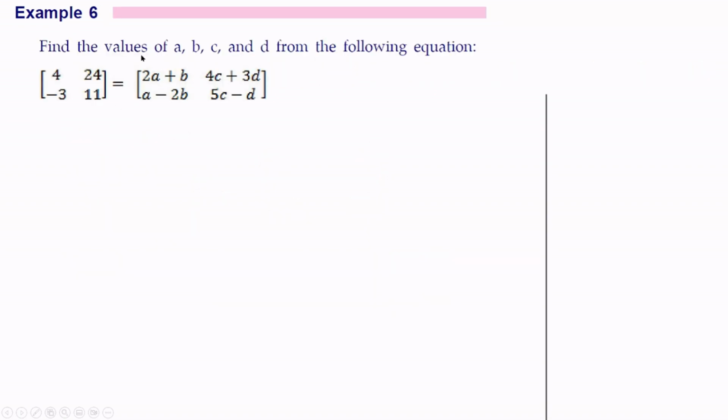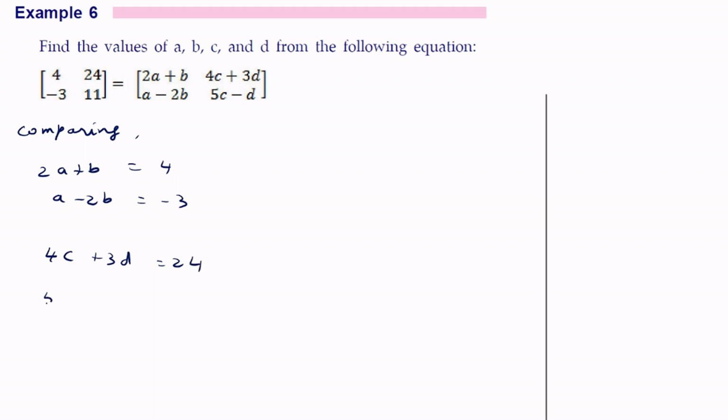Next we have: find the values of a, b, c and d from the following equation. Here it is given these two matrices are equal. So again we can compare the terms. Comparing, 2a plus b equal to 4, a minus 2b equal to minus 3, then 4c plus 3d equal to 24, then 5c minus d equal to 11.